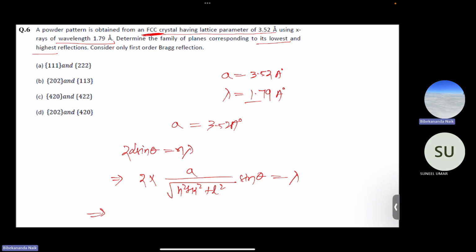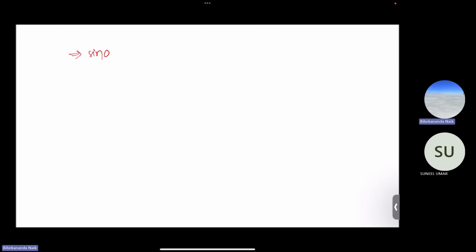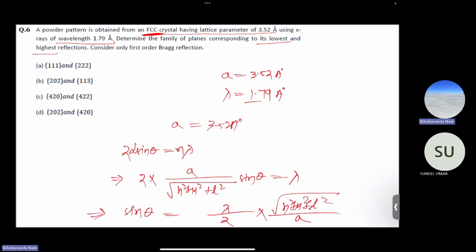So sine theta will be equal to lambda by 2 into the square root of h square plus k square plus l square, divided by a. That is, sine theta equals 1.79 divided by 2 into 3.52, times the square root of h square plus k square plus l square, because a is 3.52 and lambda is 1.79.